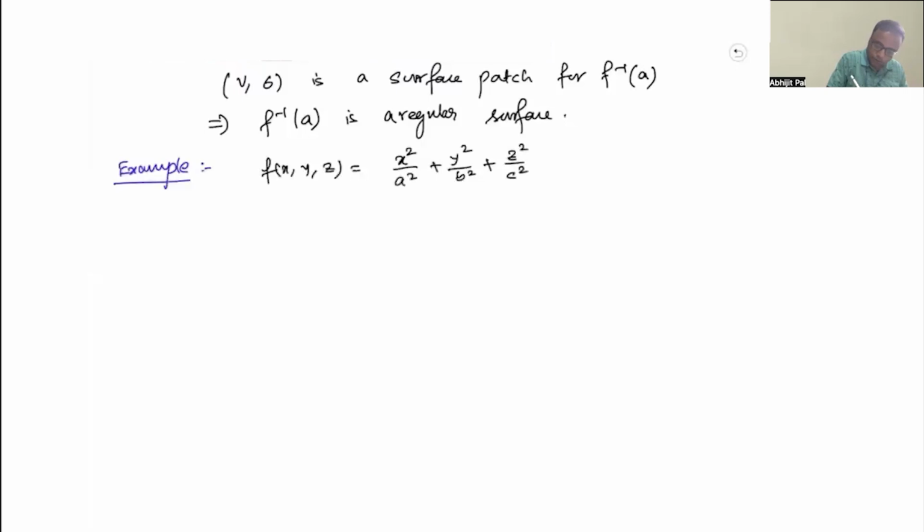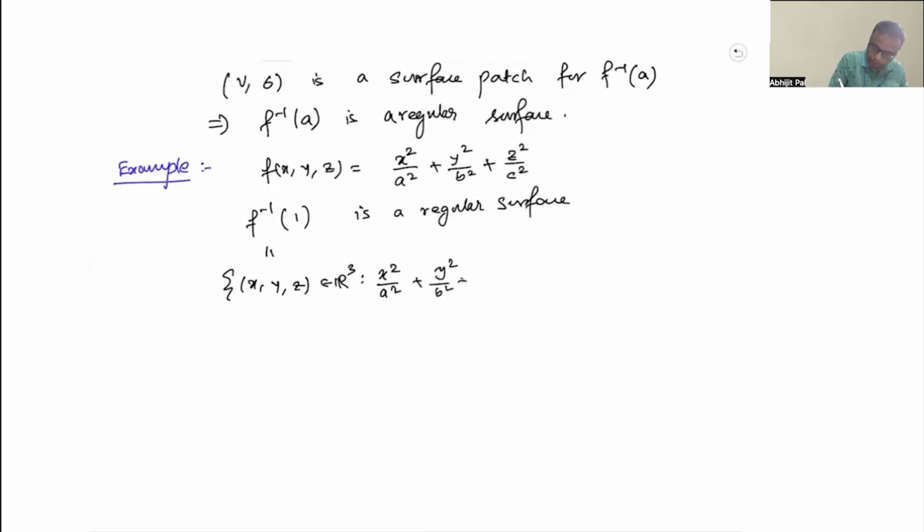Then f inverse of 1 is a regular surface, exactly equal to all those (x, y, z) in R3 such that x square by a square plus y square by b square plus z square by c square is equal to 1.